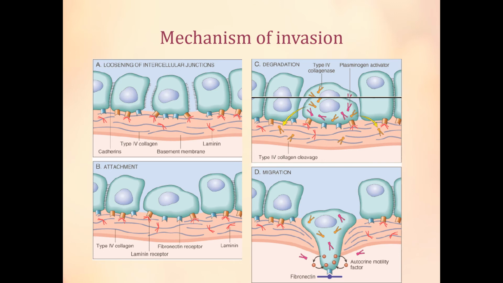In neoplasia, the degraded extracellular matrix creates the condition for invasion and metastasis. Thus, during the splitting of the extracellular matrix, the receptors of laminin and fibronectin located on the surface of the tumor cells ensure their migration to these zones, to other zones.